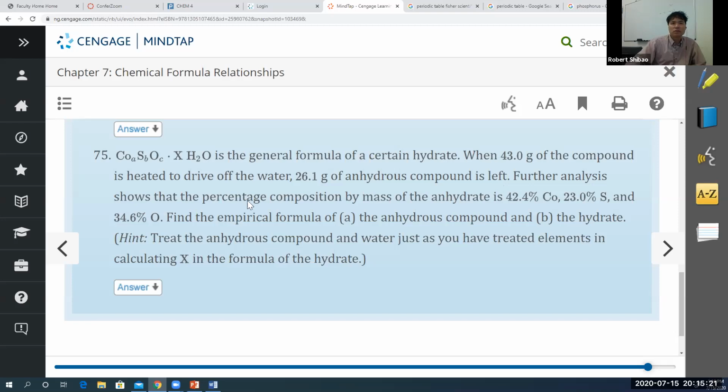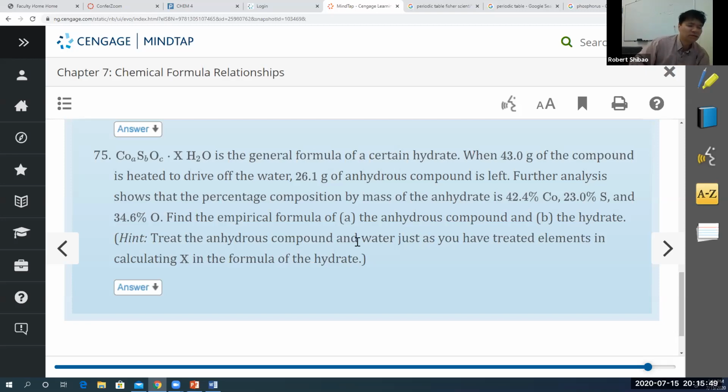Further analysis shows that the percentage composition by mass of the anhydrate is 42.4% cobalt, 23.0% sulfur, and 34.6% oxygen. Find the empirical formula of A, the anhydrous compound, and B, the hydrate. Treat the anhydrous compound in water just as you would treat elements in calculating X in the formula of the hydrate.